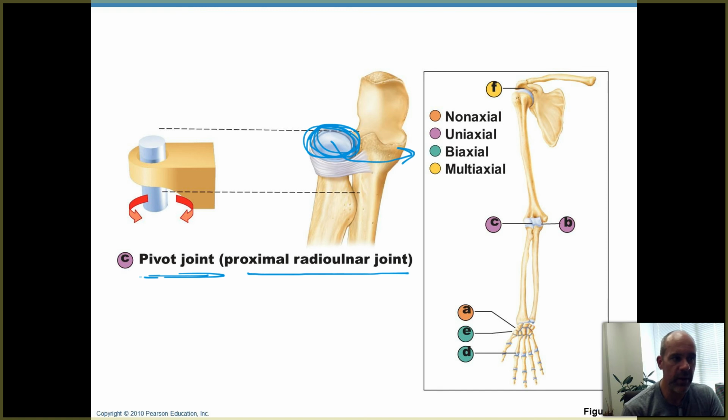So that pivoting type motion is also a uniaxial type motion because you're pivoting around just one axis. We have an imaginary axis running there through the center of the joint. So that's another type of uniaxial joint as well.